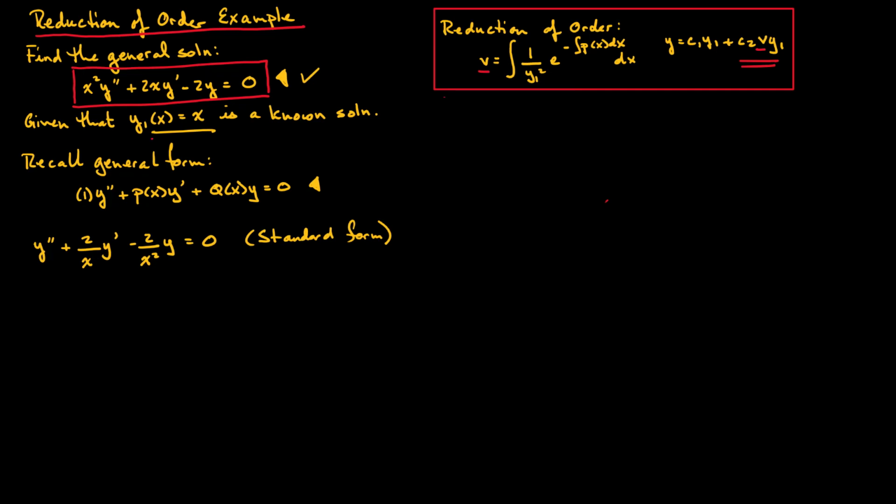So we are given this y1, which we'll use in this integrand. And now let's be clear about our terms. So here again is p of x, this is q of x, and this is r of x.